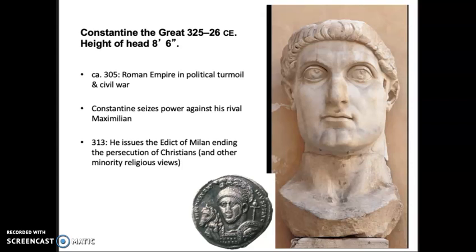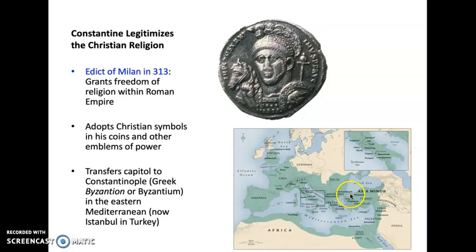But the fact that there had been those other capitals will continue to be important going forward. So he will make this critically important region, this geographically important region, now known as Istanbul, his capital, named after himself, Constantinople.